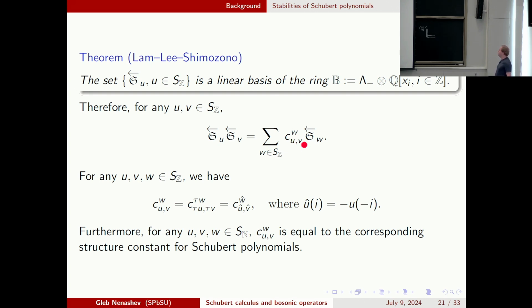But now all structure constants are indexed by three permutations of integer numbers, and using the shift you can get all permutations from natural numbers here. In this case they will be exactly the structure constants for usual Schubert polynomials. So if you solve this problem, you will solve the original problem and vice versa. So it's an equivalent problem.